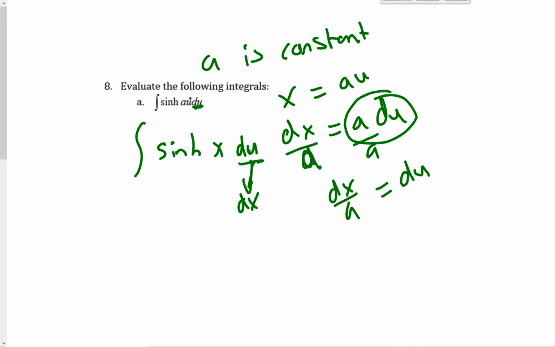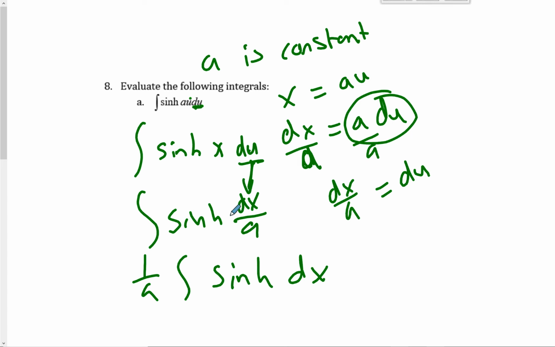So this du right here is going to switch to dx over a. So that a is just a constant, so I can bring it out front. Oh, there's an x in here, and there's an x right here. Okay, so now I'm taking the integral in terms of x with just an x. So now I'm good. So now I can take the integral of hyperbolic sine, which is hyperbolic cosine.